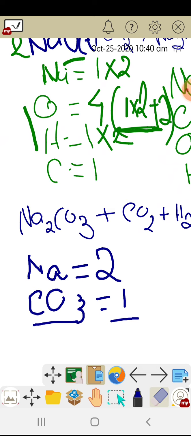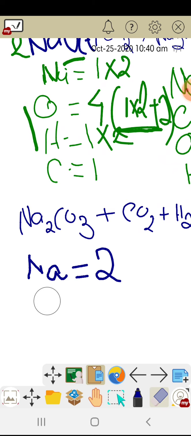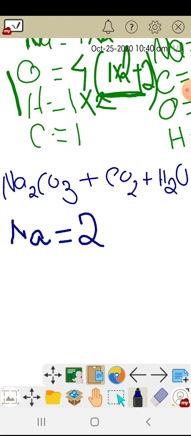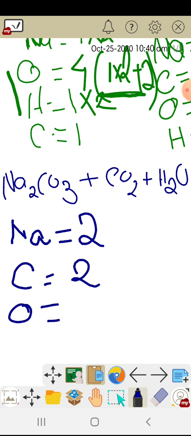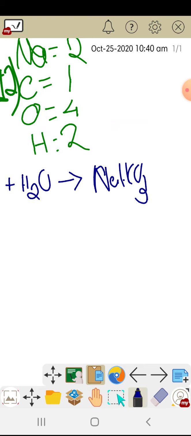But I will not take it because you can get confused. Anyways, no issue. So carbon is having 2 atoms on this side. Oxygen is having 6 atoms on this side: 3 plus 2 plus 1, 6. Hydrogen is having 2 atoms on this side. LHS is done. Moving on to RHS.